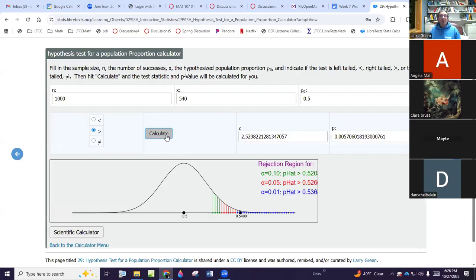And it gives all kinds of things, and I want to talk about these things so you understand. The first thing it gives is Z. When you have a proportion and you have a large enough sample, and definitely it's large enough, NP was 540. By the way, if you have a yes/no question, you cannot have a decimal for the NP.